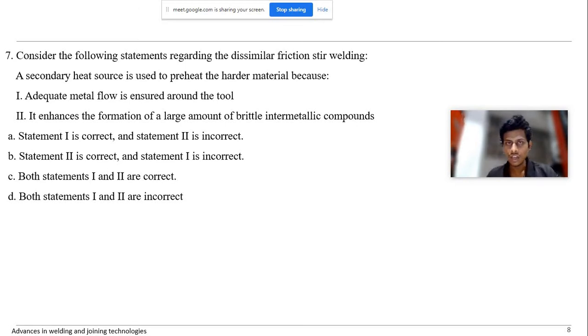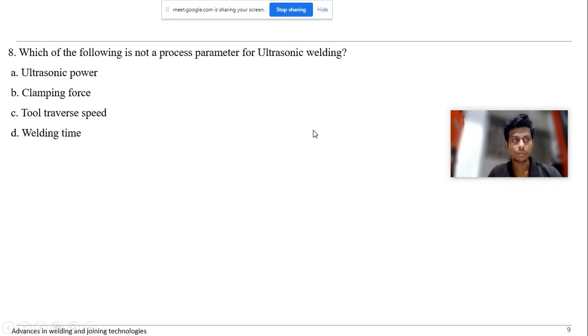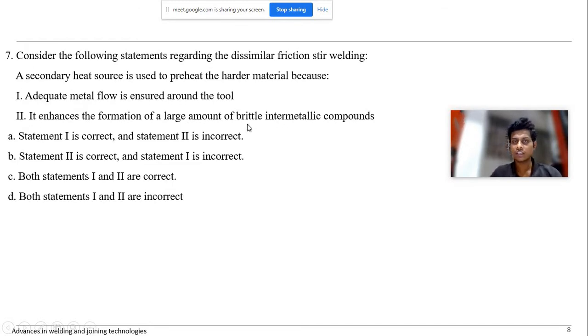Basically, today I forgot to keep that slide. Maybe next class I will explain this intermetallic concept, what the intermetallics are, and I'll give you one actual example in aluminum steel, how the intermetallic compounds influence the quality of the welded component. Next session, I will definitely put in these intermetallic compounds for the sake of understanding.